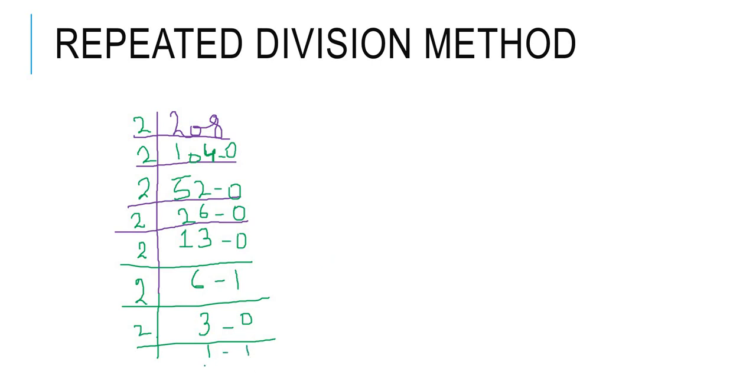So how are we going to write this from here to here? 1 1 0 1 0 0 0 0, 1, 2, 3, 4. It's like that.